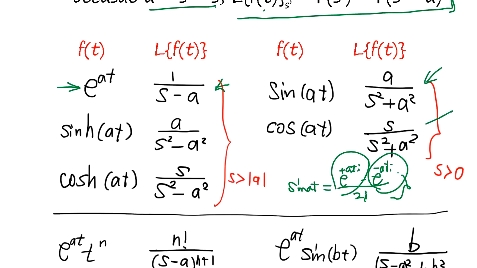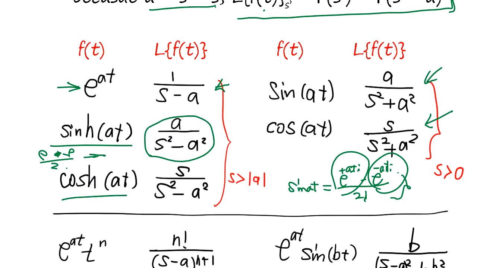Same way as cosine, and of course hyperbolic sine is the same as the exponent terms. We can expand to exponent terms and transform each one, put it together, we get this.